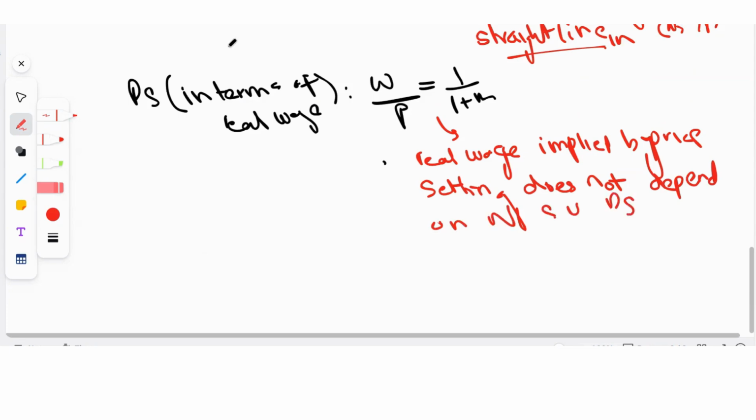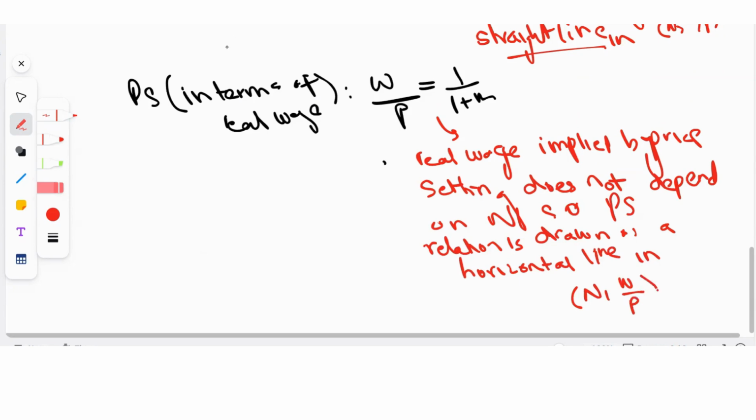So the PS relation is drawn as a horizontal line in n, W by P. When we plot this, we have W by P on the vertical axis and n on the horizontal axis.